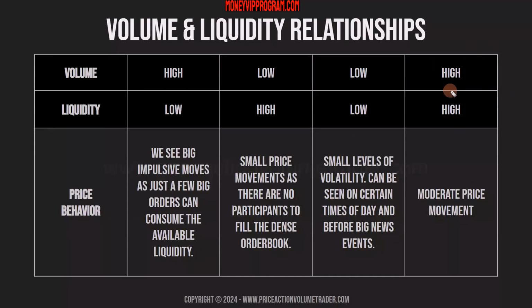And then finally, the condition that we see normally during regular market hours, from 9:30 a.m. to 4 p.m. Eastern time during stock market hours, for S&P or NASDAQ or gold or euro, US dollar, etc., is moderate price movements, because we have high levels of liquidity resting on the book, and there's high participation because the stock markets are open.